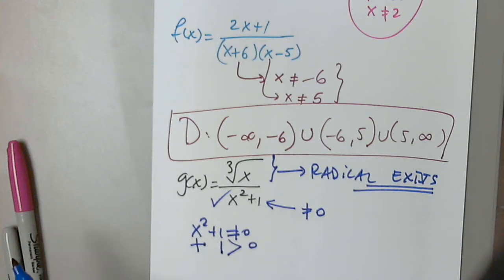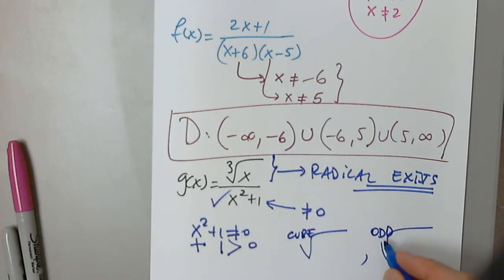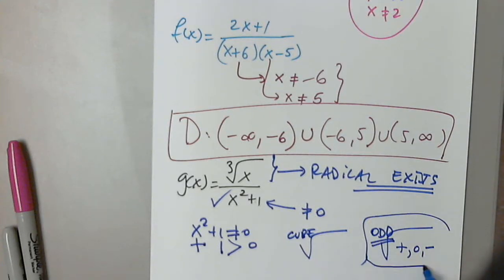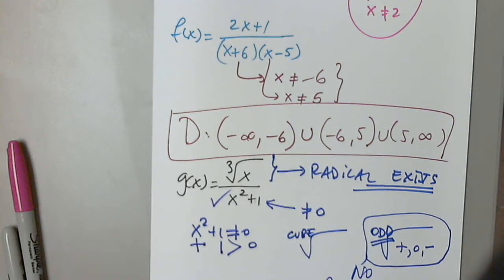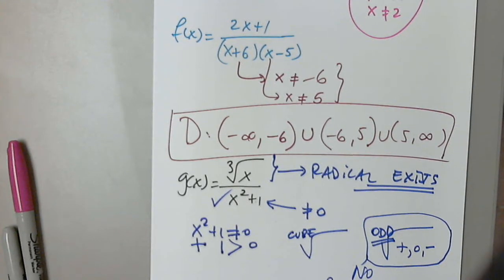What about the numerator? No restrictions on the numerator. Why? Because this is a cube root, or in other words, any odd index can have positive, 0, or negative underneath. No restrictions on odd indices, on radicals with odd indices.